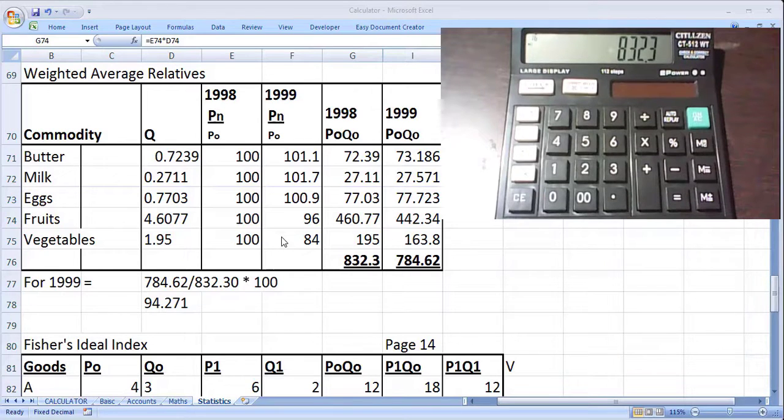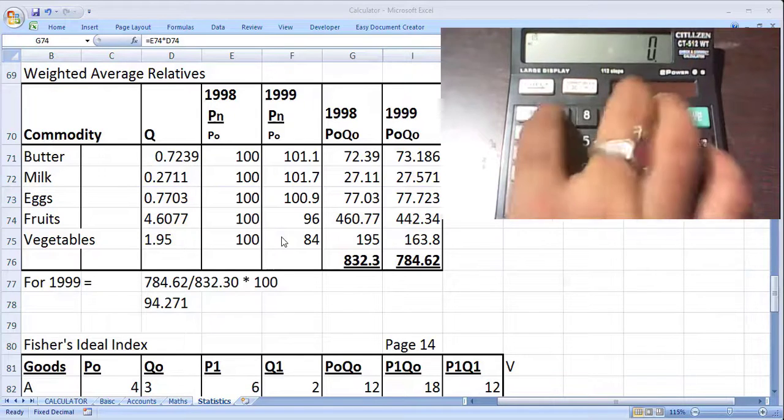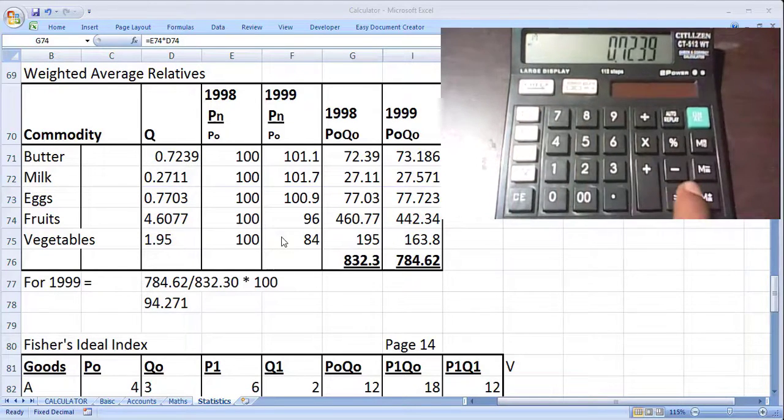99, right? 99. How to calculate that one? 101.1 into 0.7239 is equal to 73 point something.